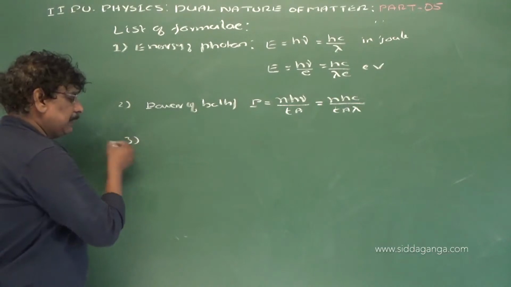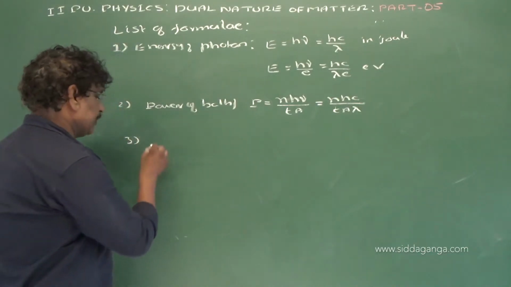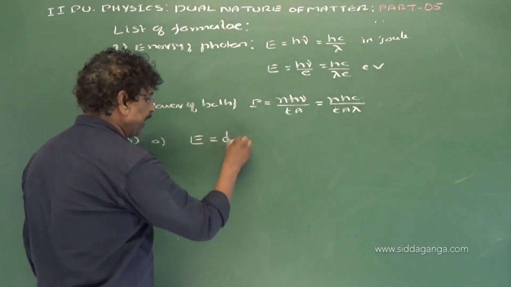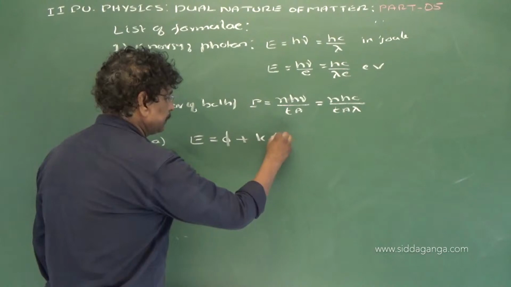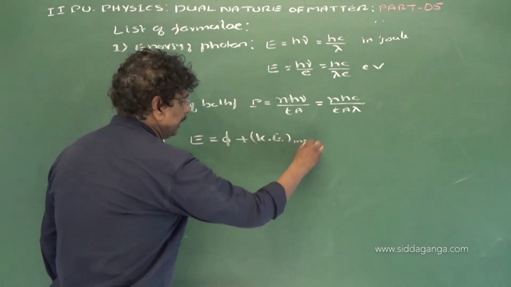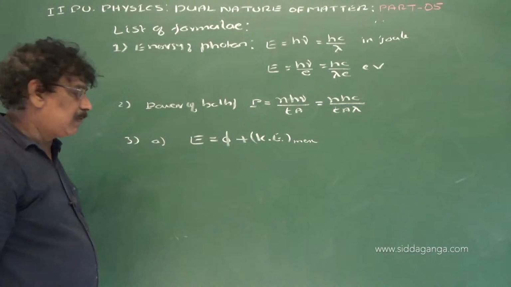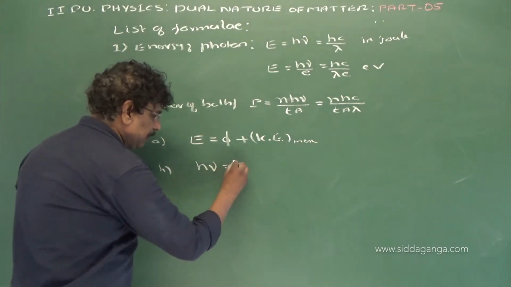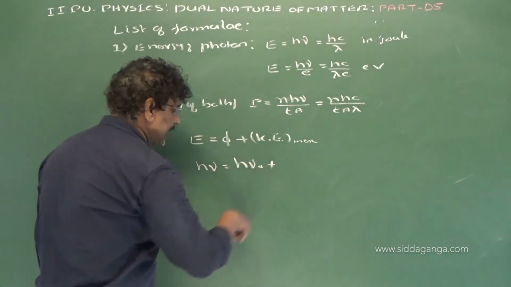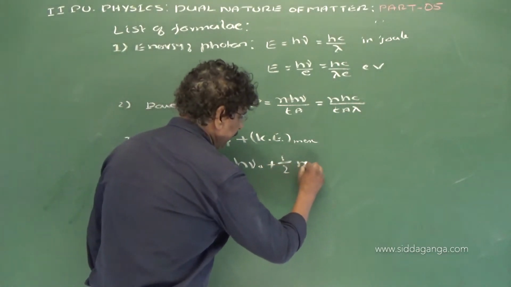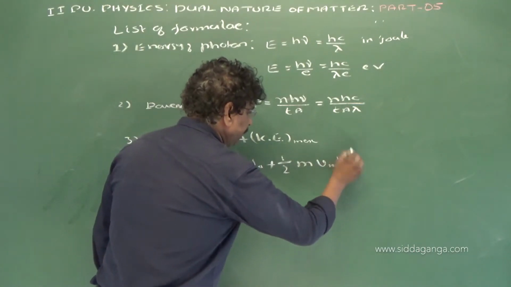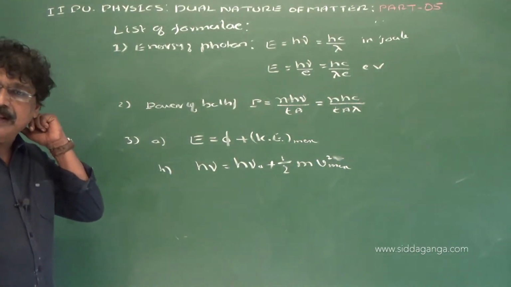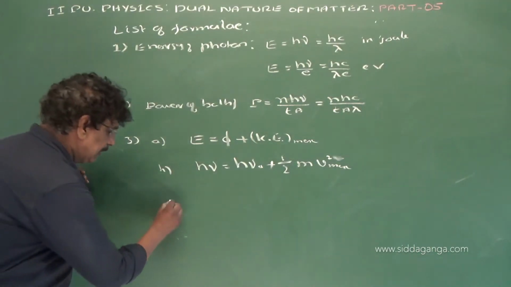And the third one we have is Einstein's photoelectric equation. E is equal to phi plus maximum kinetic energy, it is the original form of the equation. B, h nu is equal to h nu naught plus half m v maximum square, where m is the mass of electron and h is Planck's constant.